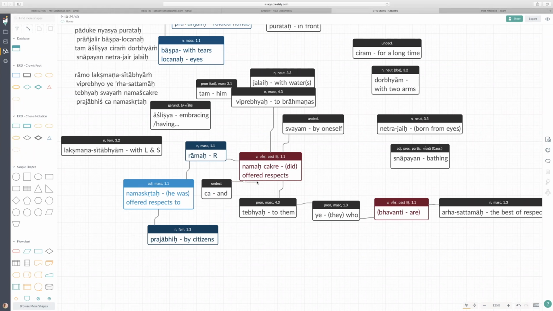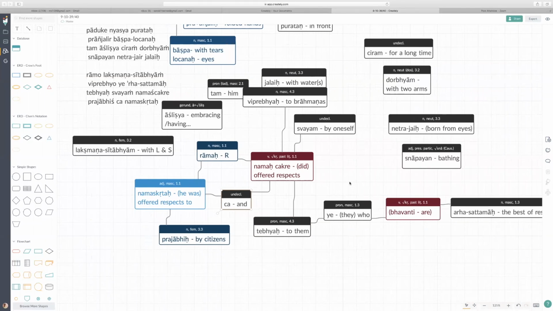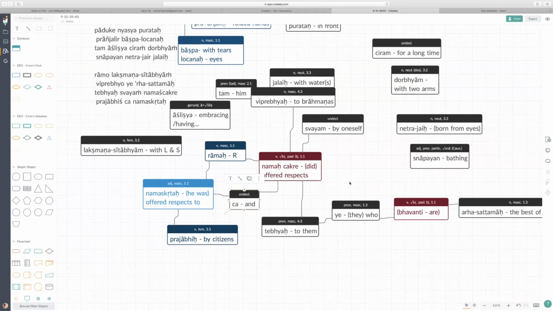So he offered respects and he was offered respects. So namaschakre namaskritah cha. Okay, that's how I would understand it. So we connect these two words, namaschakre and namaskritah. Okay.